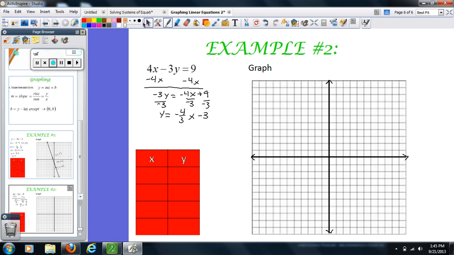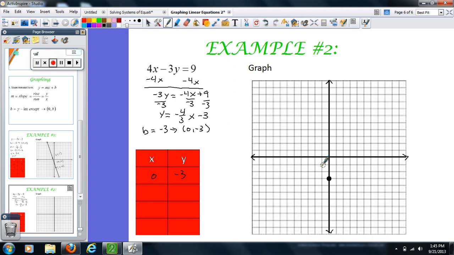It doesn't stop. Okay. So my very first point I'm going to graph is my y-intercept, which is the point 0, negative 3. So we got 0, negative 3, which is right there.